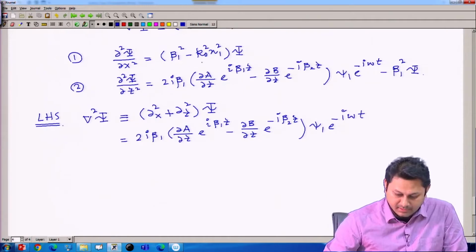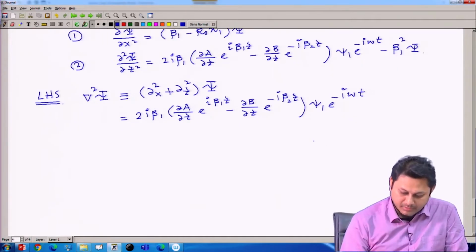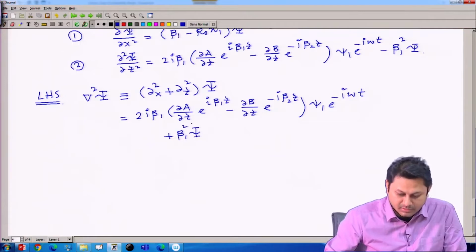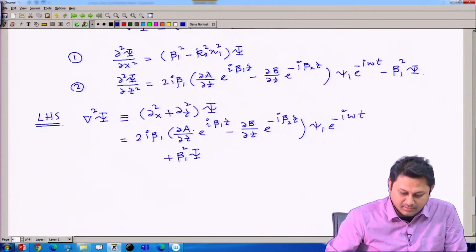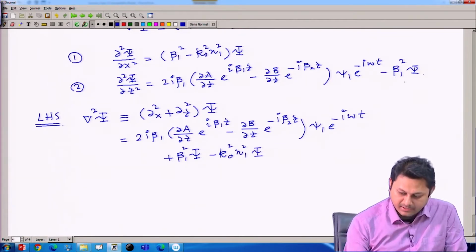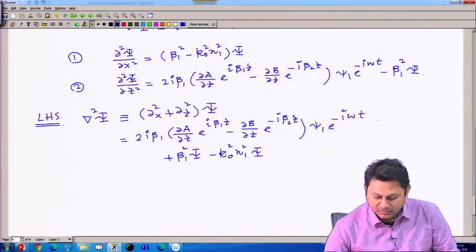and then this term plus beta 1 square big psi minus k 0 square n 1 square big psi, and another beta 1 is here. So, I missed that.